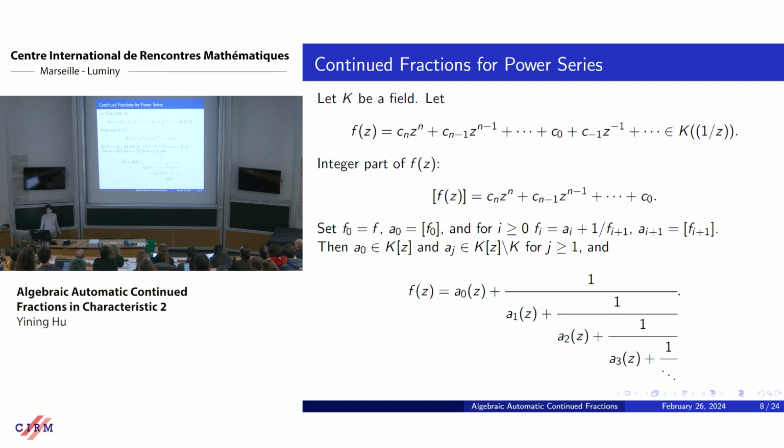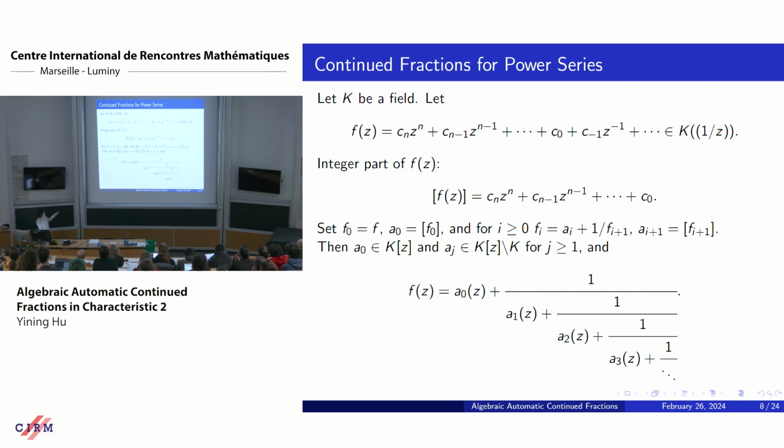Just as real numbers, formal power series can also be written as continued fractions. Here we have a series, and notice that it is in 1 over z, so that the positive part is finite and the negative part can be infinite. We define the integer part of the series to be the polynomial part.